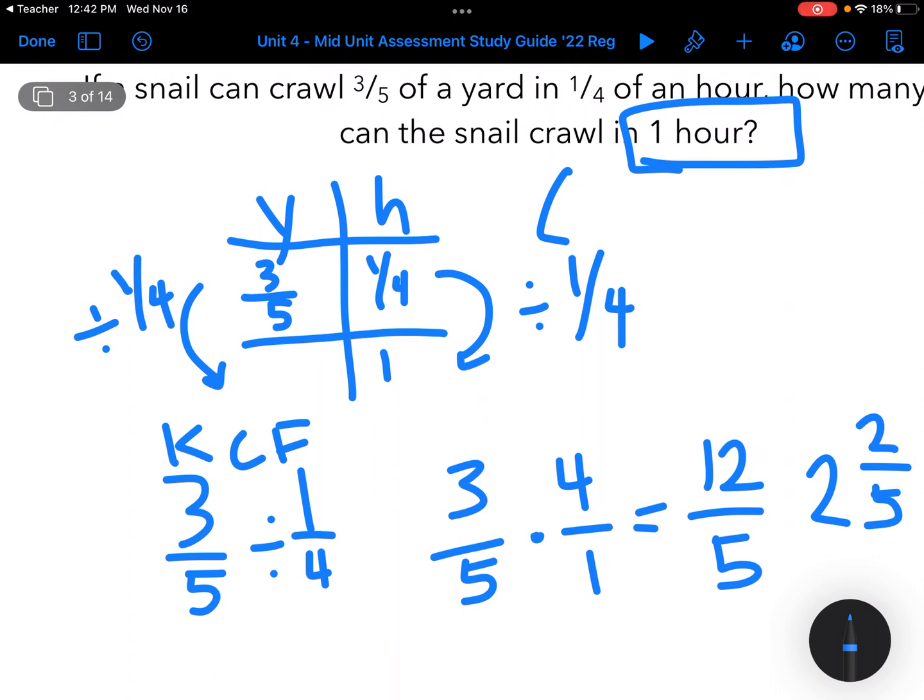So 2 out of 5 pieces left over. But if I had to enter this into a box for an open response question, I would do 12/5. So if I was going to leave my answer, I'd leave it 12/5.